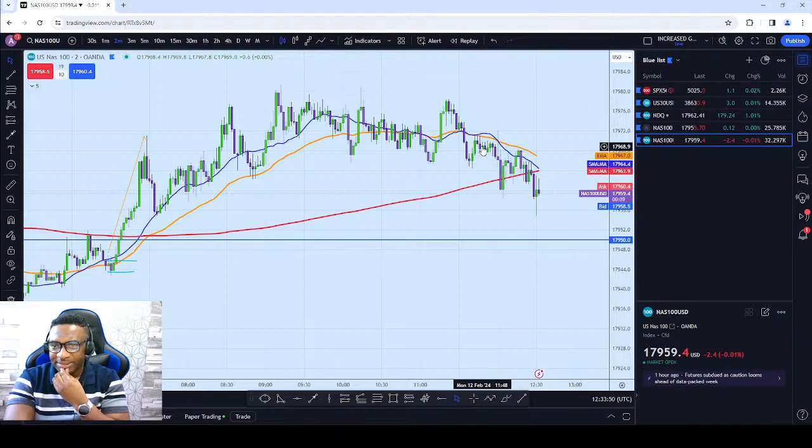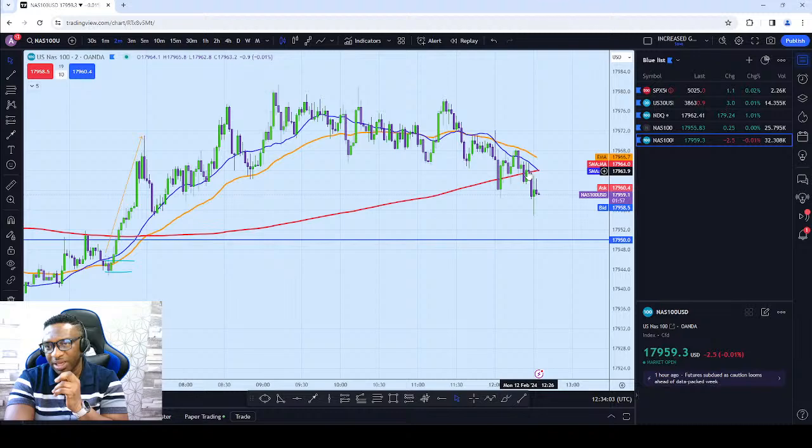Now we can see price is below the moving average as it was moving from the wide state to the narrow state. Once we get a change in direction here, as price moves above the 20 moving average, we have a high chance of it going to the next key level.